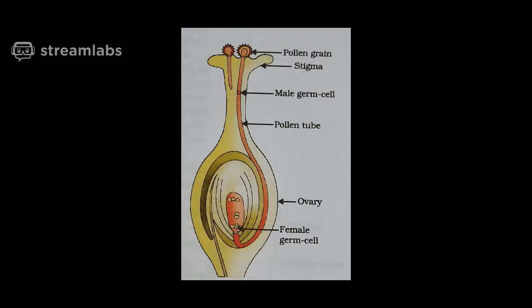I hope now all of you know how the plants replicate. The plants replicate in two ways. One by asexual mode and the other by sexual mode. Asexual modes are in different forms.